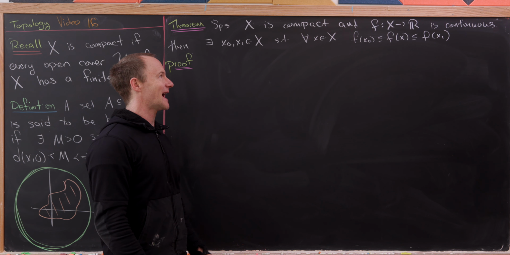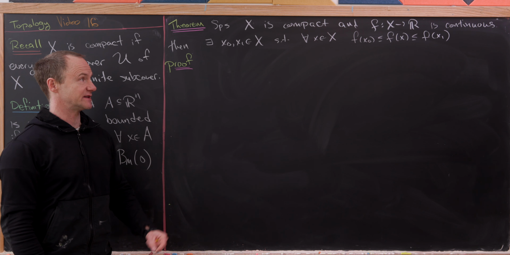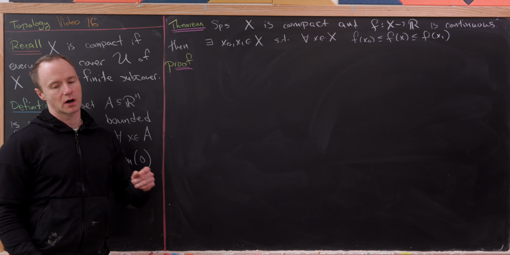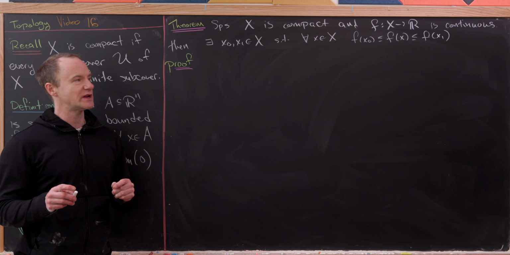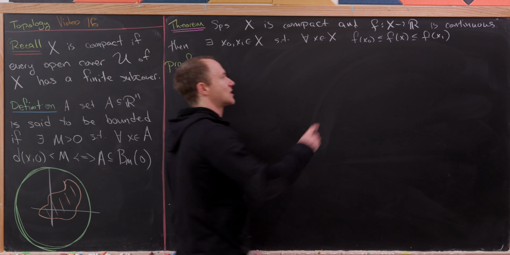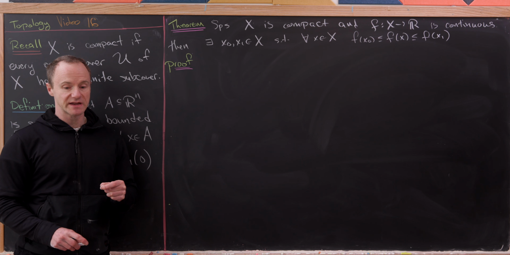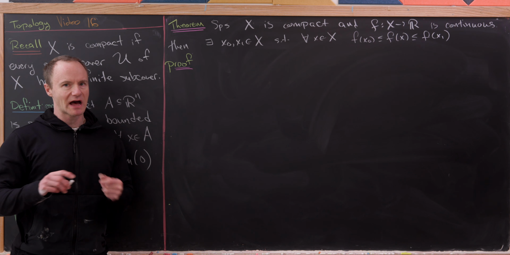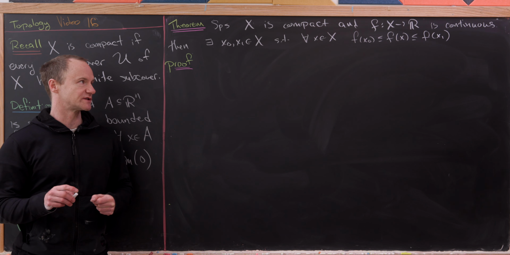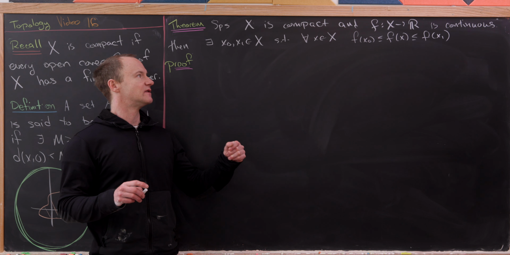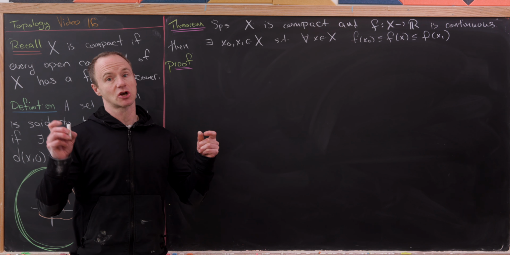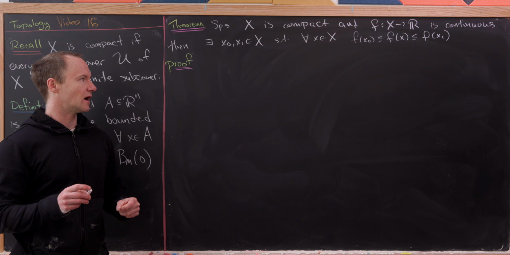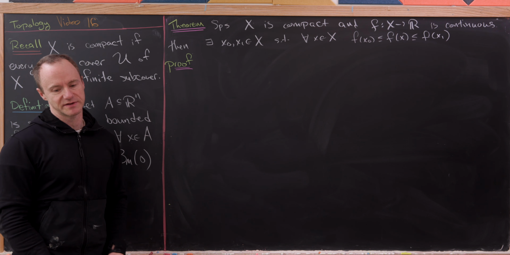So let's suppose that X is a compact topological space, and we have a continuous function from X to R. Now I'd like to point out here that we don't need R to be the codomain. We just really need a topological space with the order topology. Now, I'll let you look up the more general result here if you're interested, but the case with the real numbers is close enough to what you would see with the order topology that I think this is good enough for our purposes.